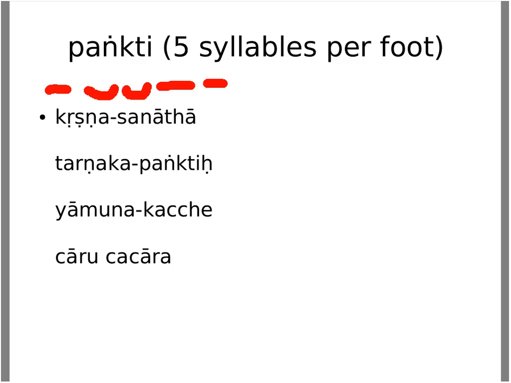I'm actually not sure who the author is, but basically it is a verse describing the gopis dancing on the bank of the river Yamuna with the beautiful Krishna, whom they consider to be the Lord of their life, like a row of gems. So it's a very beautiful verse, and pankti means a line. So it's a very clever definition of the pankti meter.